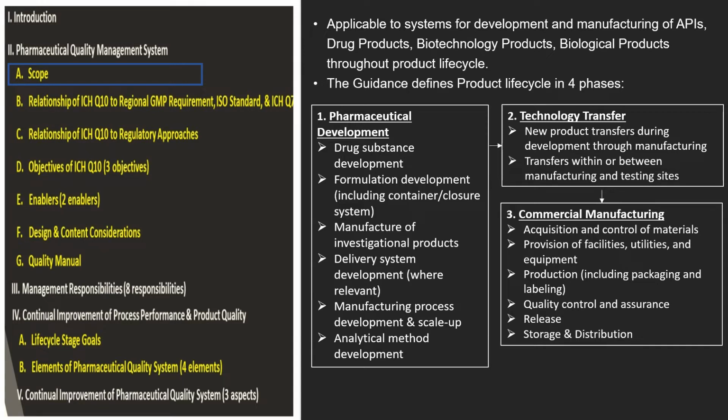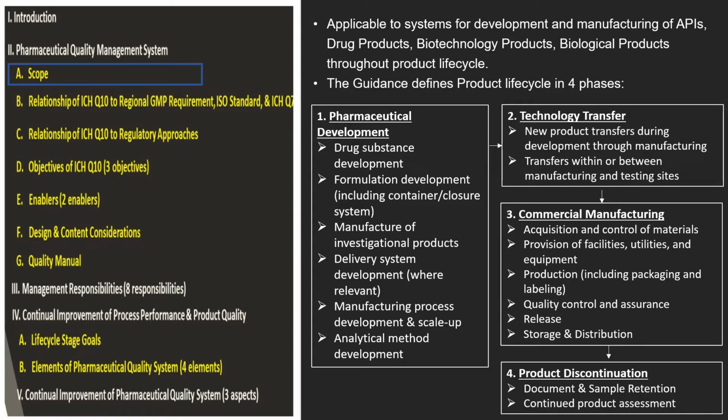It is the acquisition and control of materials, provision of facilities, utilities and equipment, production including packing and labeling, quality control and quality assurance, release of the product to the market, storage and distribution. And the final stage includes the product discontinuation, where there is document and sample retention and continued product assessment, majorly in the form of stability studies and complaint handling if any.